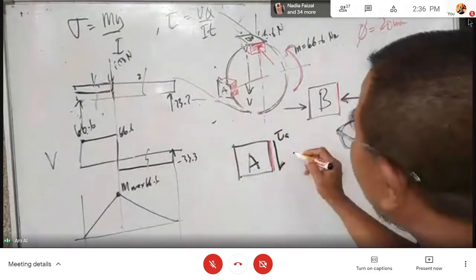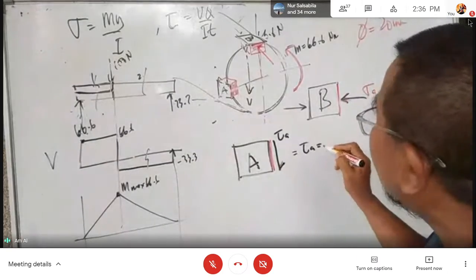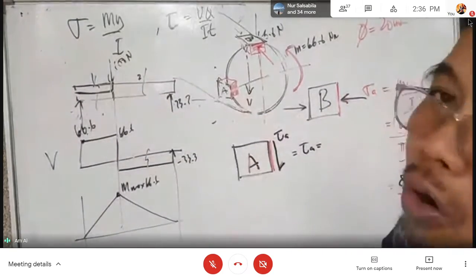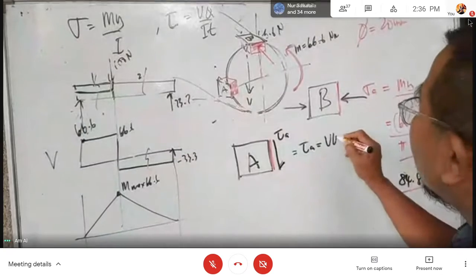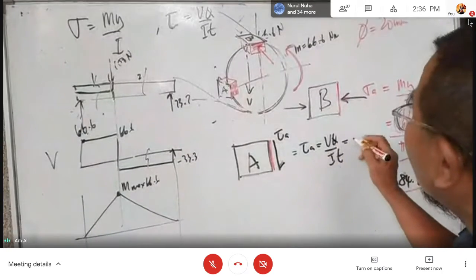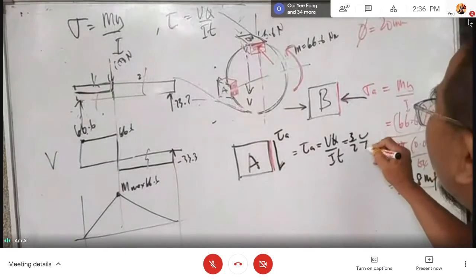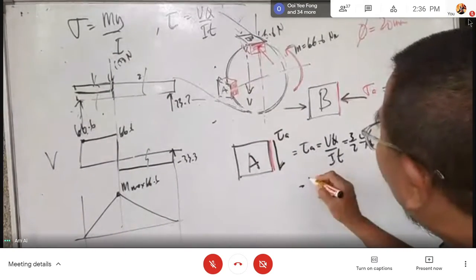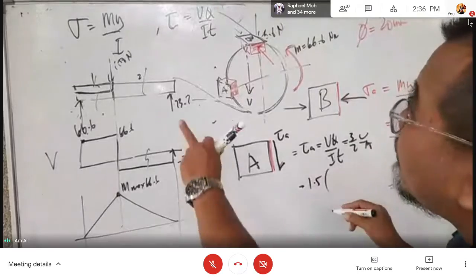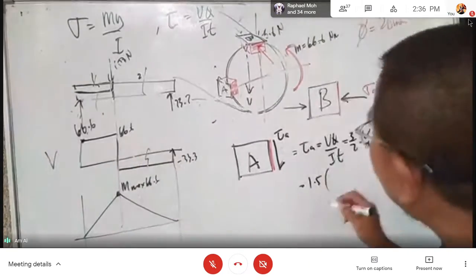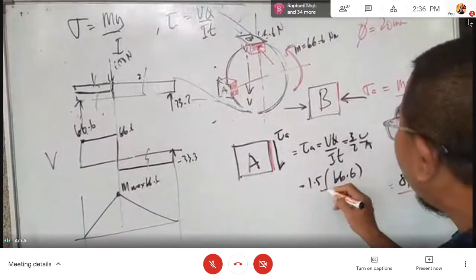So your tau A is equal to VQ over It, or remember that? 3 over 2 V over A. So what's the value there? 1.5 times V. V is 66.6, and then divide by the area.